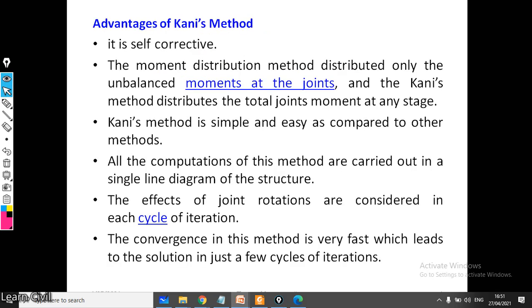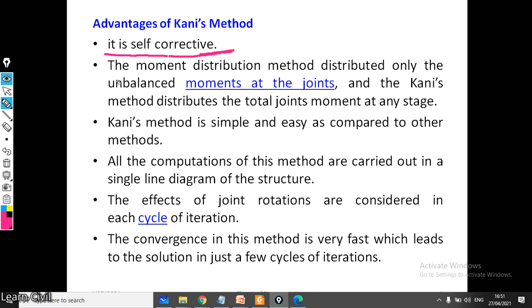What are the advantages of using this Kani's method? The first and most important advantage is that this method is self-corrective. It is a self-corrective method, meaning if any engineer makes a mistake during analysis, the answer will be self-corrected.